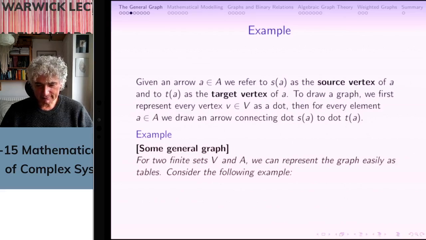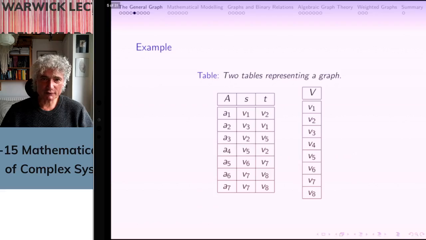So one way is definitely to draw tables. So here, for example, in the first table, you have a list that goes through the different arrows in an example graph. Here we assume we have seven arrows, and then we have here the values of the source function for each arrow.